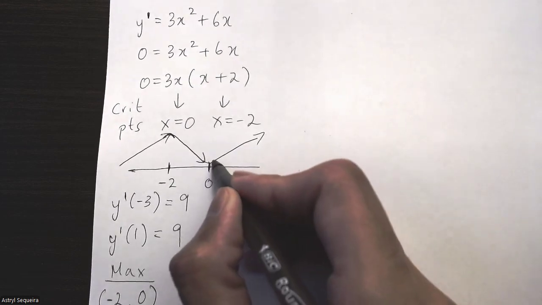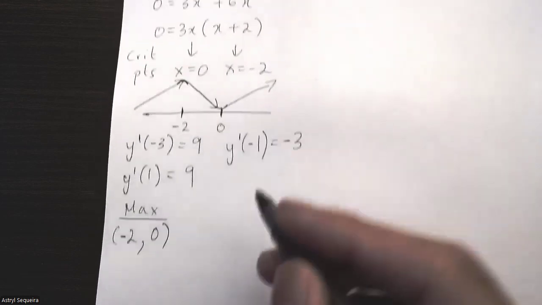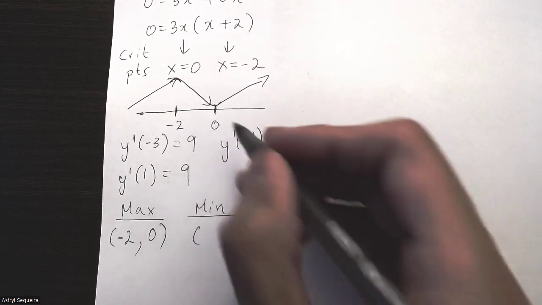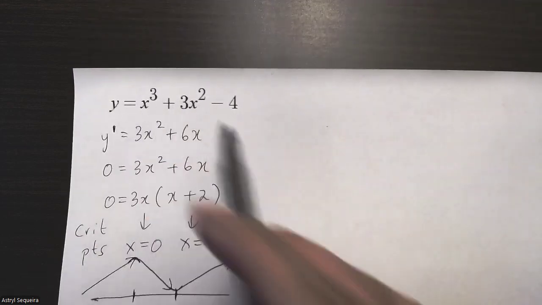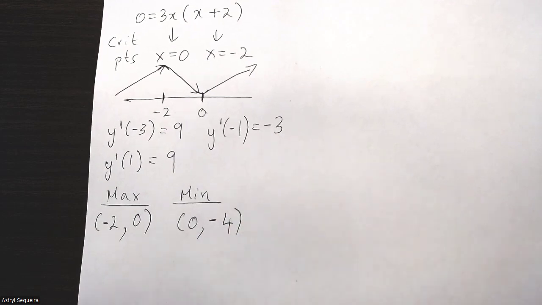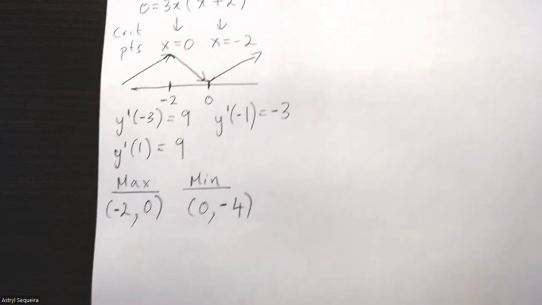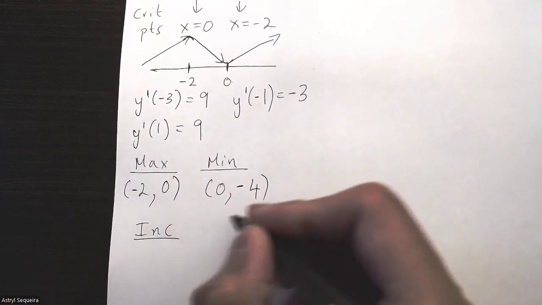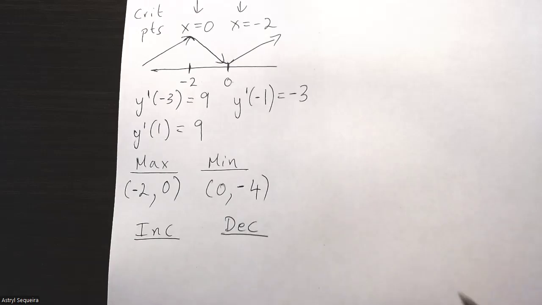If I connect these two lines over here, I can tell this is a minimum. So I have a minimum. The x value is 0. To find the y value, again, I'll sub in the original equation. That will just give me -4. Once I've classified my critical points, I'll do my intervals of increase and decrease.